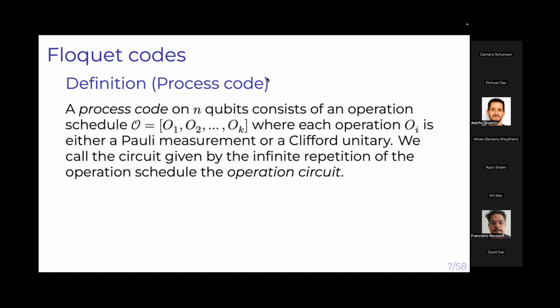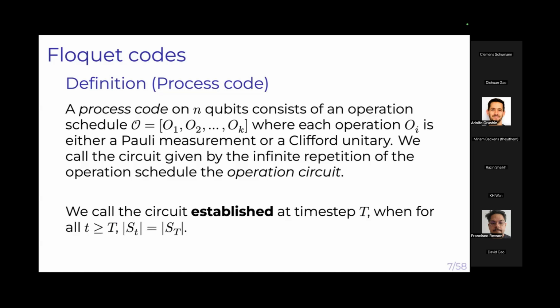We have this O, a repetition of certain operations, and we keep on repeating this one after the other. This gives us our process code or Floquet code, and that gives us also the operation circuit.